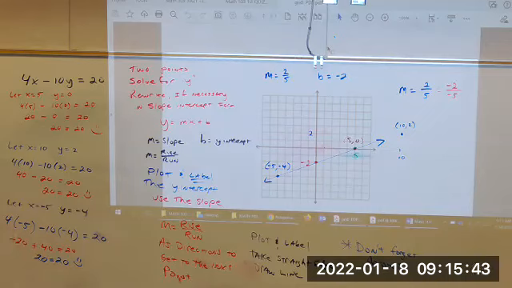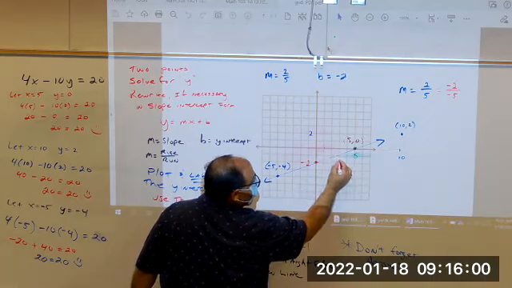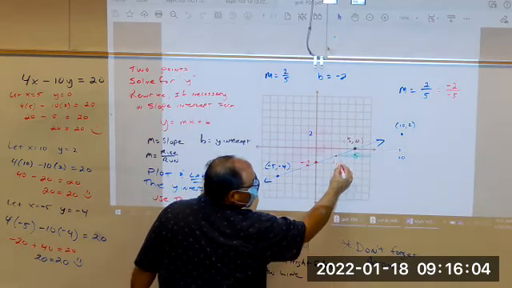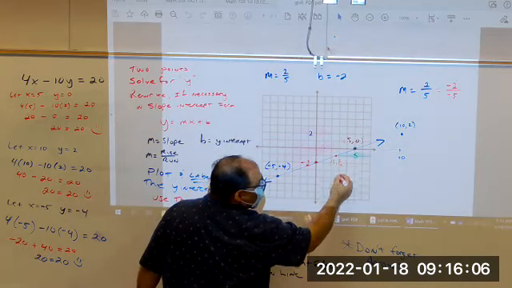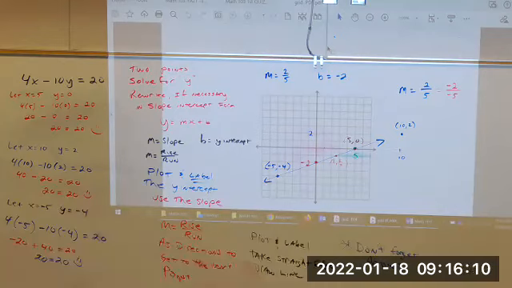And those are just the ordered pairs that are nice numbers. Those are the ordered pairs that are integers. No decimals and no fractions. This is on the line. I can just go up 1 and go over 2.5. So instead of going up 2 and over 5, let's go halfway.